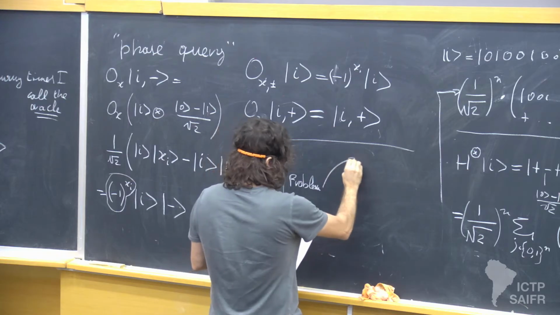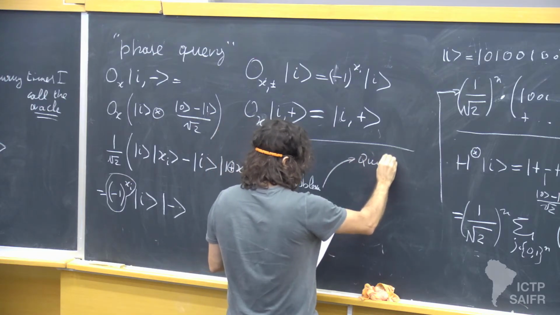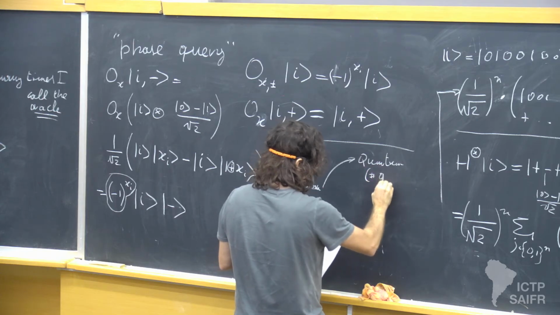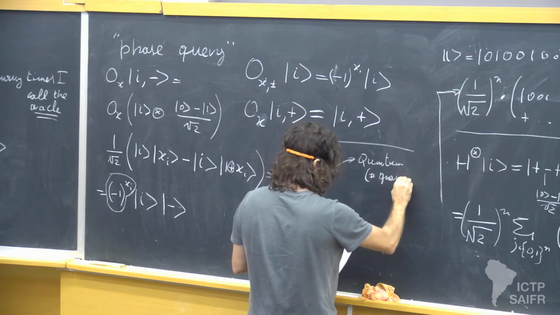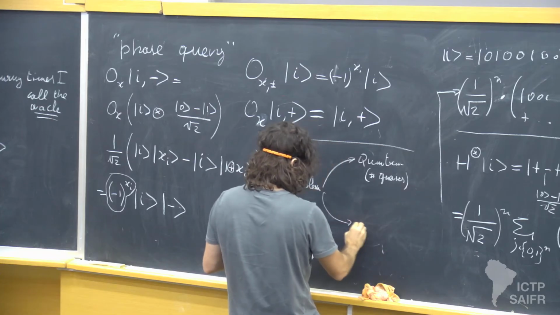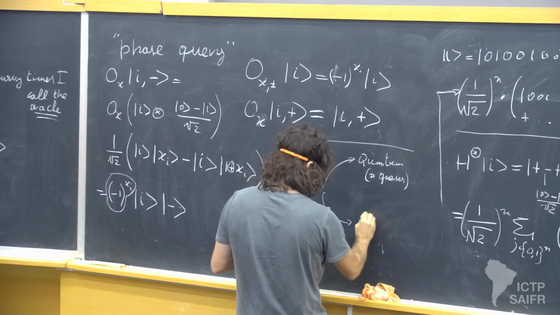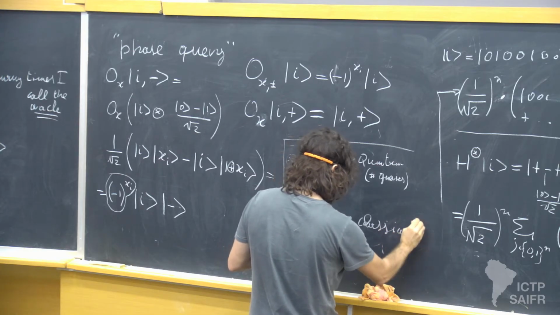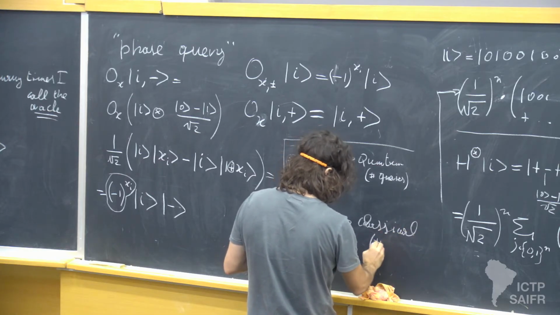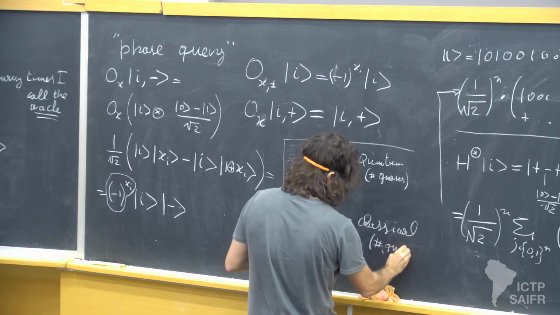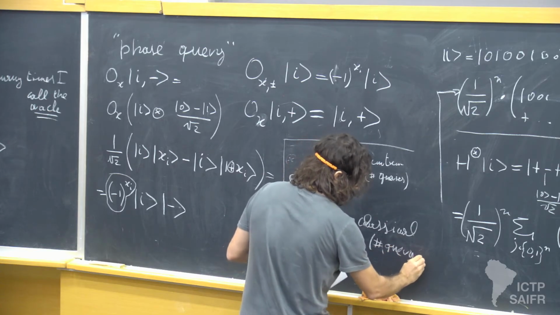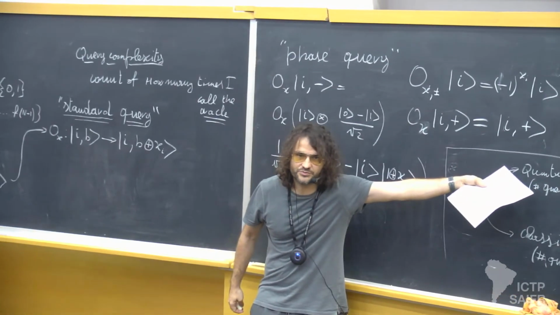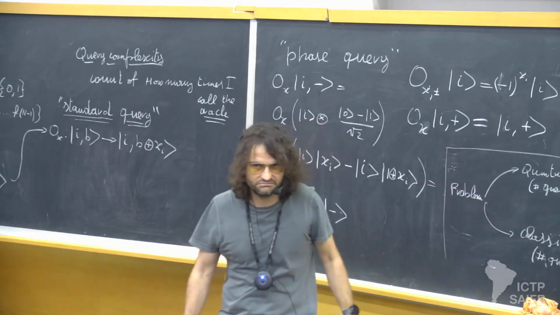We will give a quantum solution, counting the number of queries. We will give a classical solution, counting the number of queries, and we will see who wins. And hopefully, we will find examples in which the quantum part is winning well.